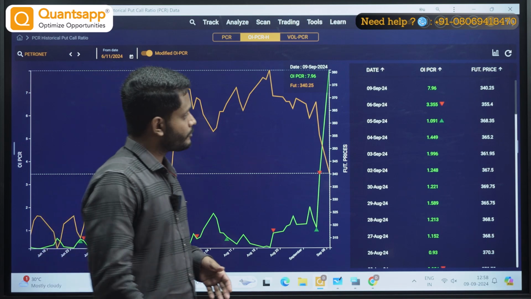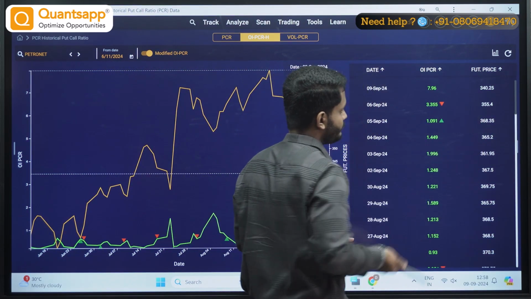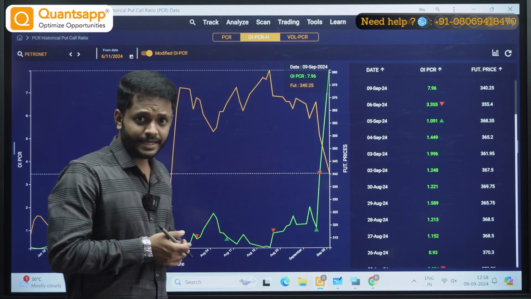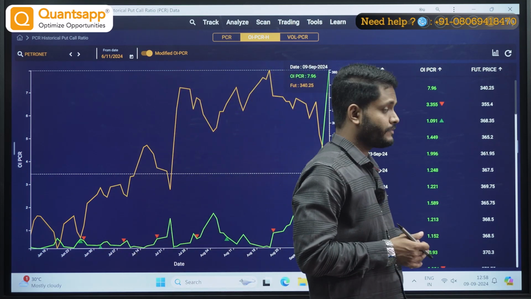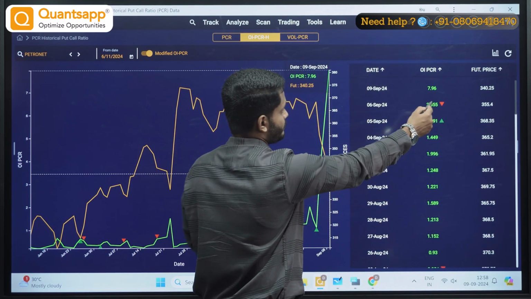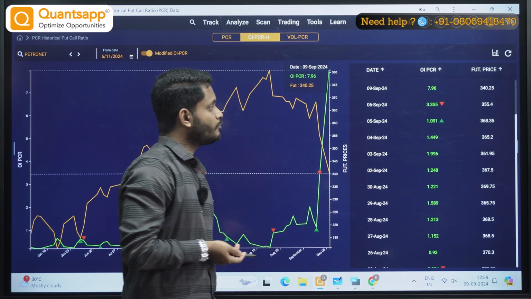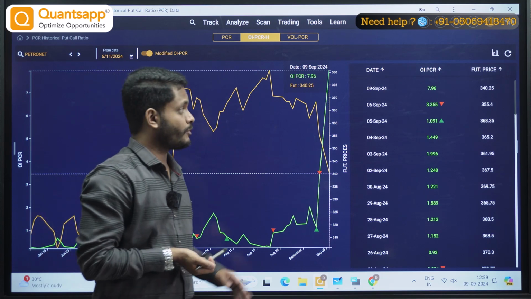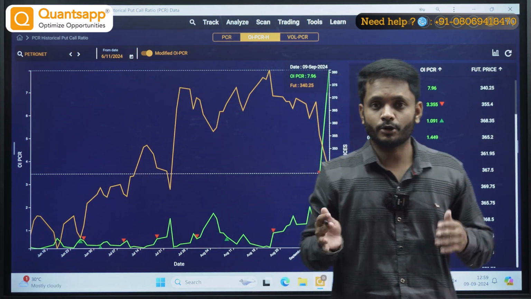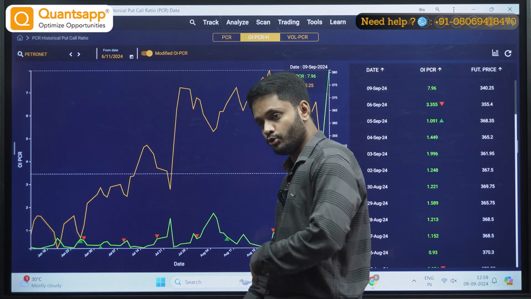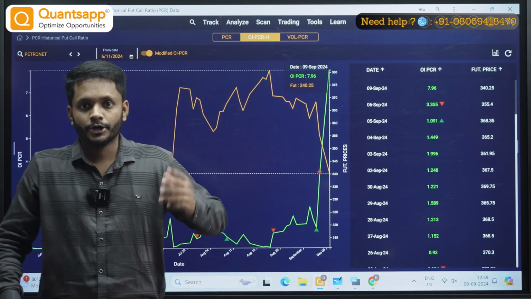For me, from 365 to 355 or 350, 340 is definitely significant. I would consider it significant. So say for example, if I would have received this red triangle on 4th September, probably I wouldn't have taken a trade, because for me a 10 to 15 rupees move in Petronet is significant. Now that is up to you whether it is significant or not for you.